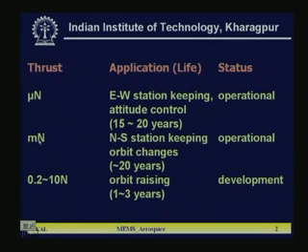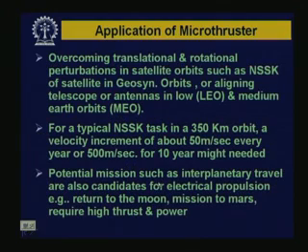Millinewton kind of thrust is required for north-south station keeping and for orbit changes, that is also operational. 0.2 to 10 Newton is for orbit raising, it is active for 1 to 3 years, it is under development, not yet done. So, micronewton, millinewton and 10 Newton thrust is required for orbit raising. These are the different applications.